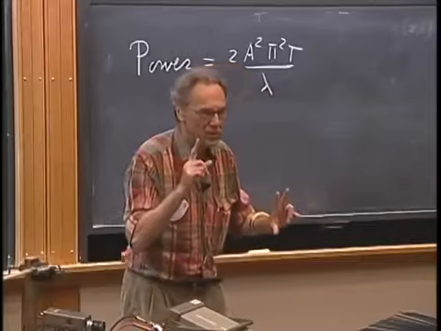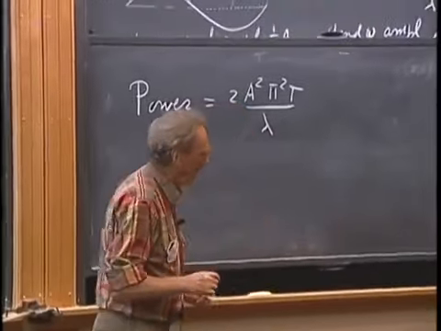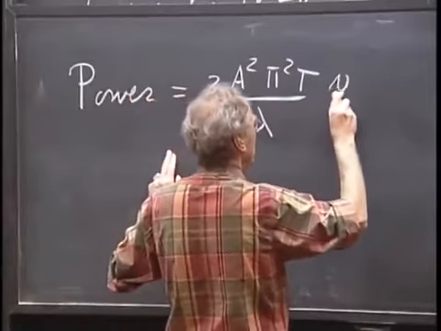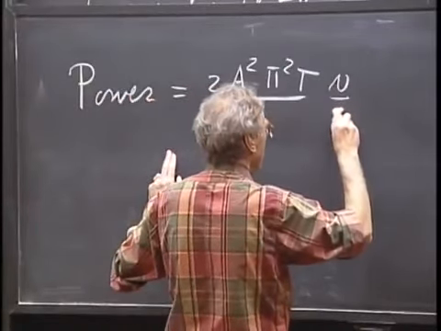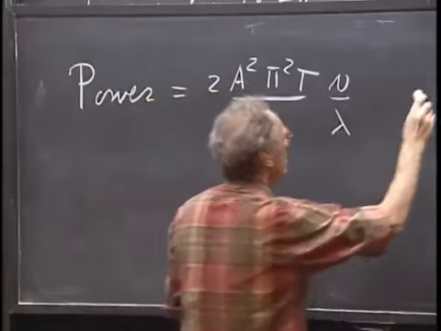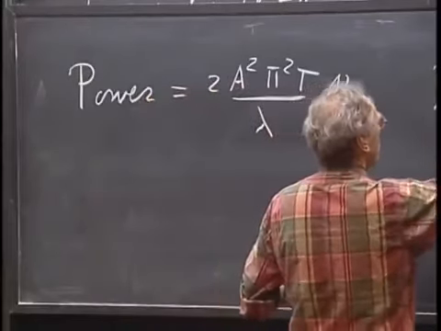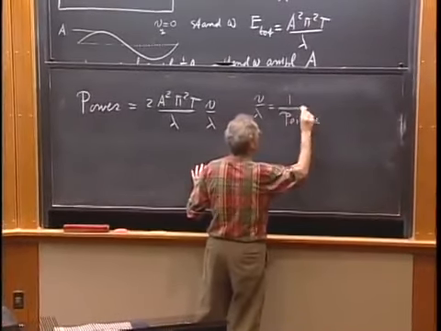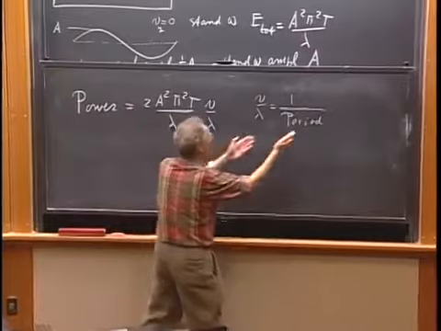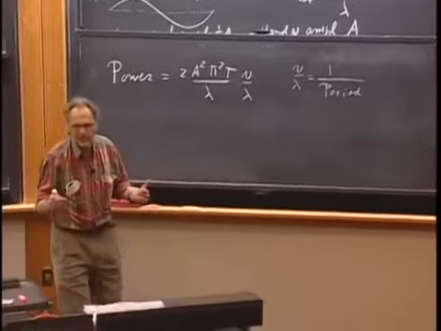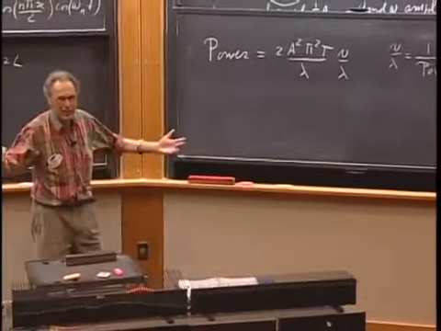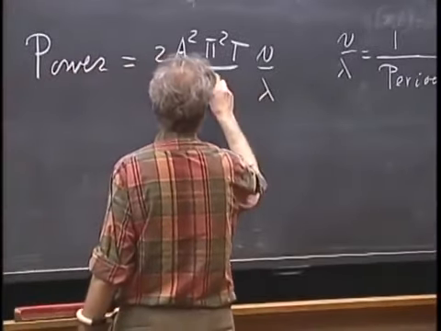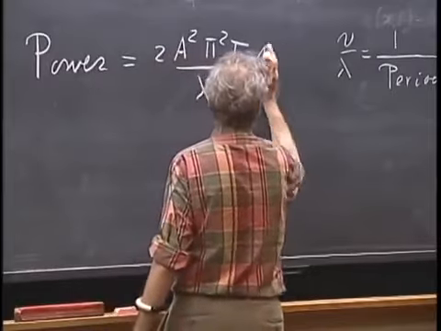And 1 over the frequency is v divided by lambda. So therefore the power is simply the energy that I'm generating, and v divided by lambda is 1 over the period of one oscillation. Energy divided by period, the time that it takes to make one oscillation, is per definition power. And so then you get the result here, you get a lambda squared here, and you get a v there.